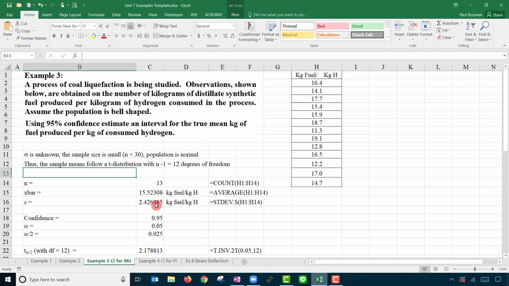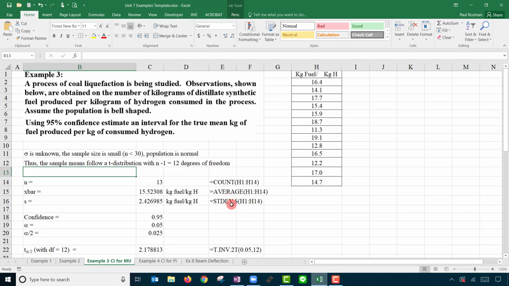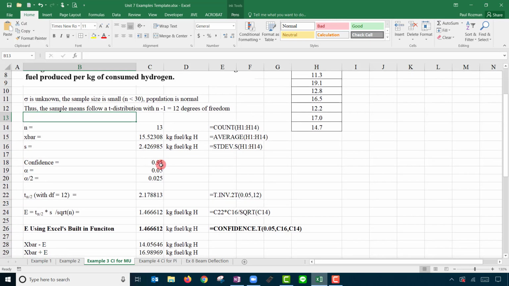I calculated the mean and standard deviation using Excel functions. Then I did my confidence was 95, alpha 0.05. And I did it the old school way, the way we just did it. Instead of looking up the critical value, I used the inverse function. And then I made the formula, custom to get the answer.